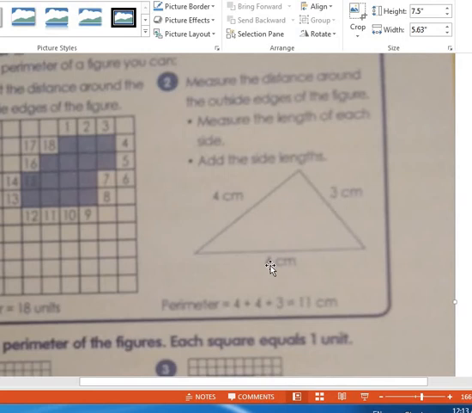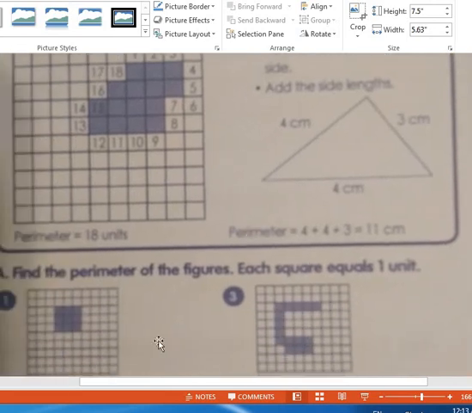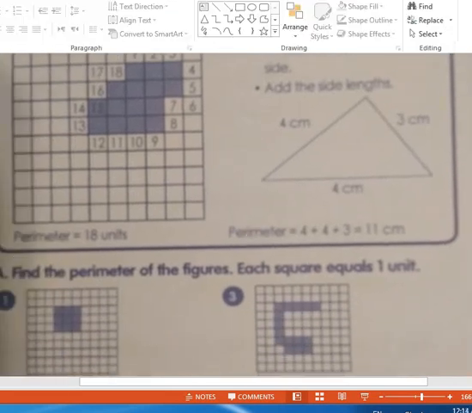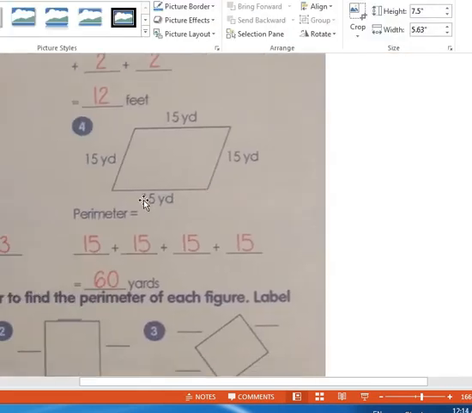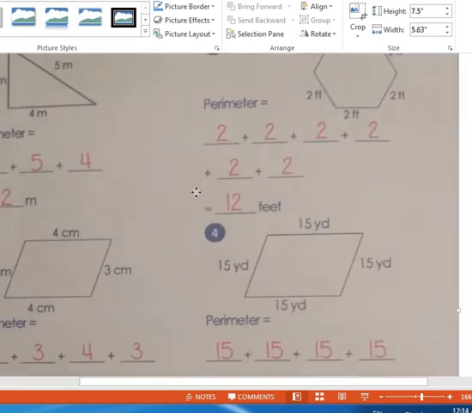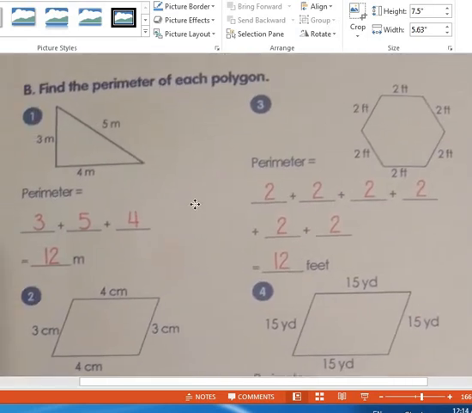The perimeter of any shape is the total of the outside edges. So what can I do? 3 plus 4 plus 4 equals 11 centimeters. This is the same idea, so I move to the other ideas.